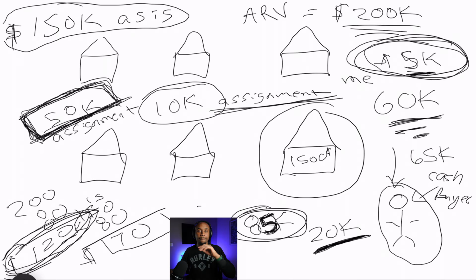They were the signature flipper style of house. Light, bright, white cabinets, new stainless steel appliances, new laminate flooring all throughout, the walls painted. That's the signature flipper house, where everything is pretty much brand new inside. All the finishes are brand new.